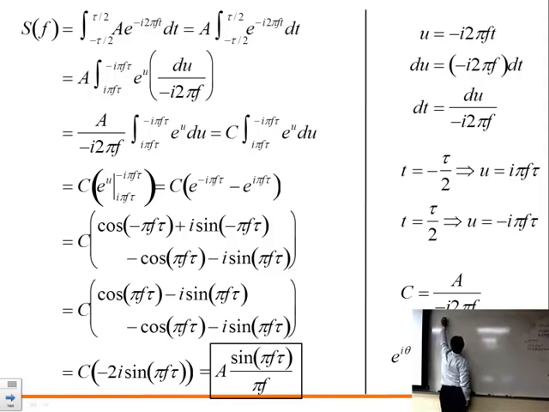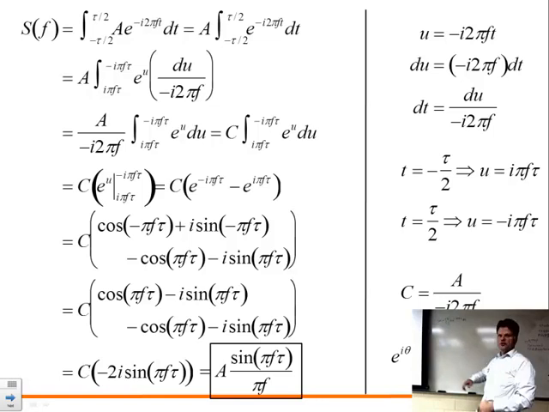So this is going to be the integral from minus tau over 2 to plus tau over 2 of A times e to the minus i times 2 pi f t dt. This is S of f. Okay, that's what we started with, right? So the alternate method is to put in Euler's formula right from the beginning, to convert that to sines and cosines.